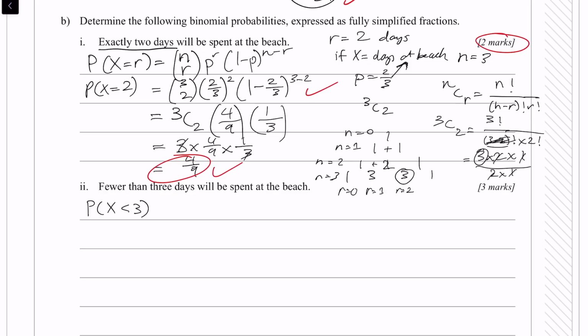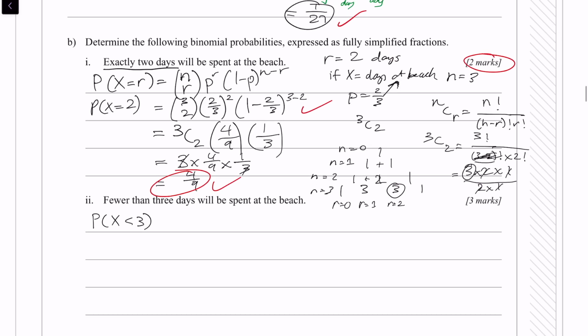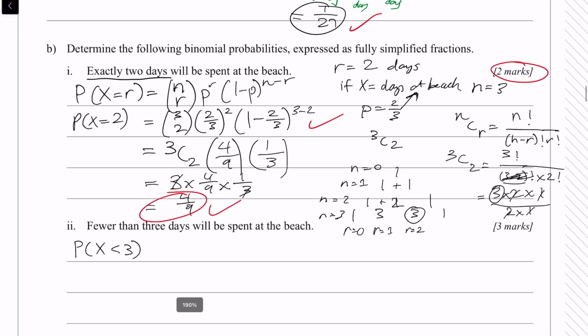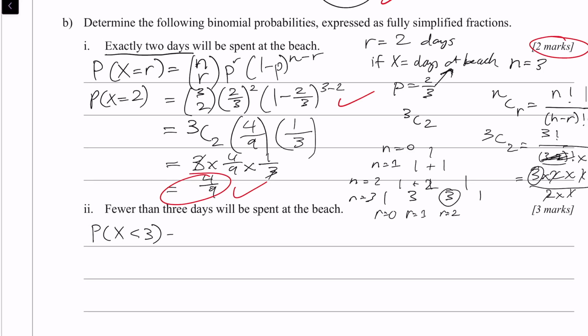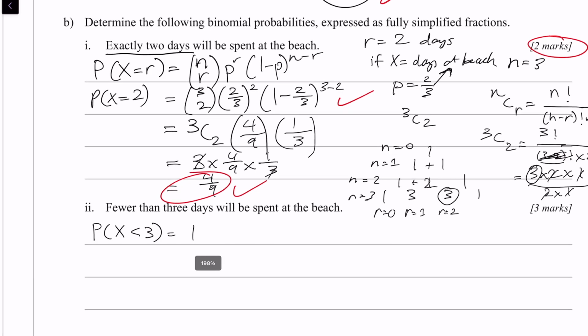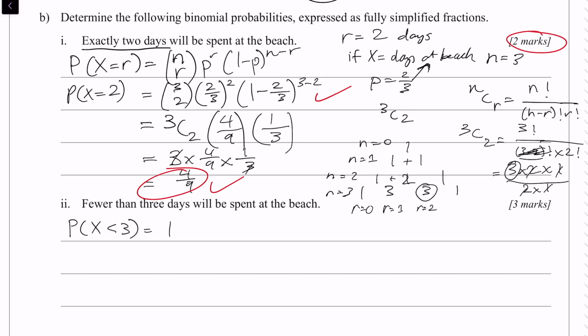Okay, and because we have a maximum of possible outcomes that we have 3 days in a row spent on the beach, then we know that if we want fewer than 3 days, then we need to take 1, which is another, because with binomial probabilities we usually get a fraction, and so 1 is representative of the entire probability.